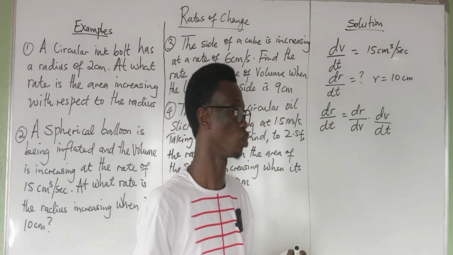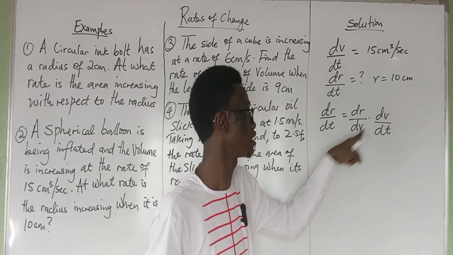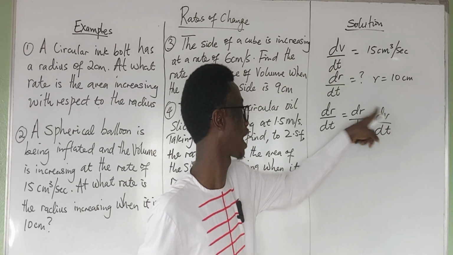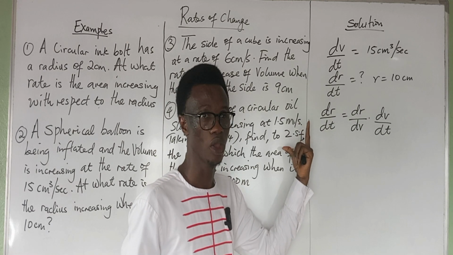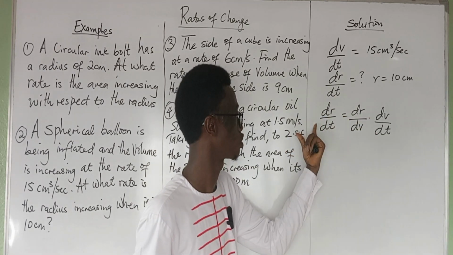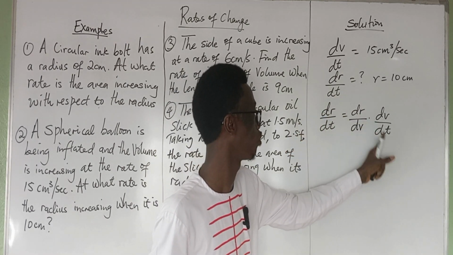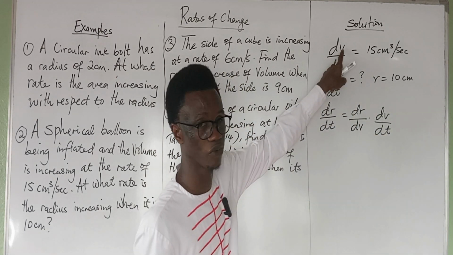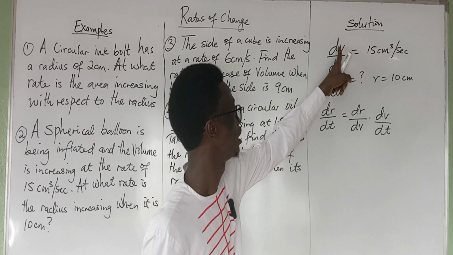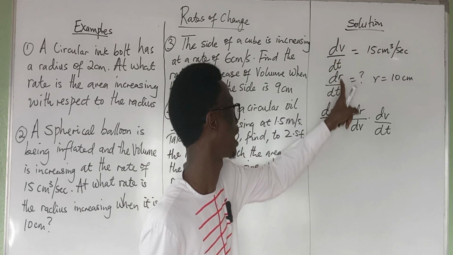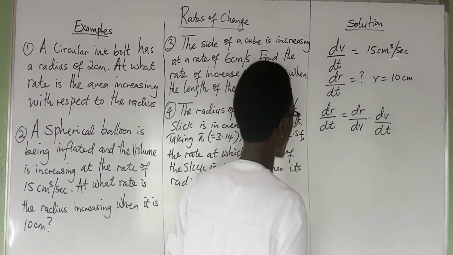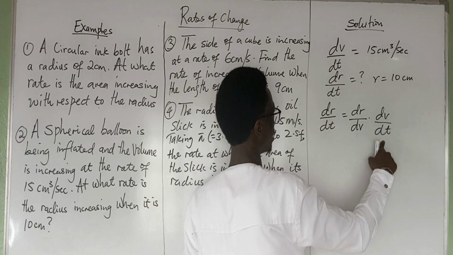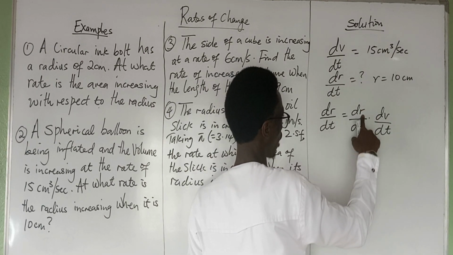That's the thing about chain rule: whatever you introduce, you have to write it, and what is on the right is the same as what is on the left. We have three different letters, v, t, and r. Now we have dv over dt, but we don't have dr over dv.